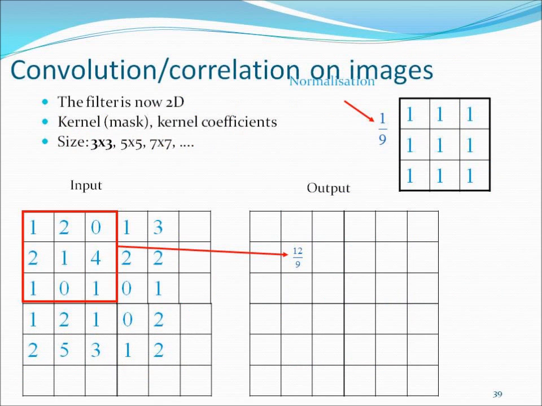Now let us apply convolution on images. We have a 2D filter as shown whose equivalent weight is 9. We have an image of 5 cross 5. The process of convolution in 2D is the same as in 1D.